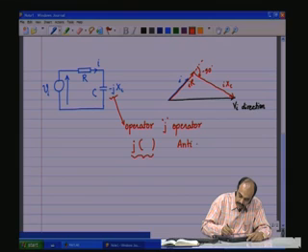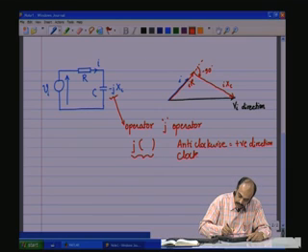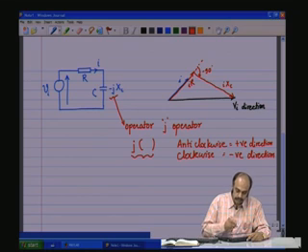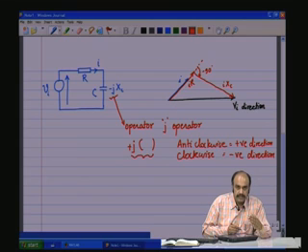Anti-clockwise is positive direction for rotation, and clockwise is negative direction for rotation. Now, a plus j is going to give you anti-clockwise plus 90 degrees rotation.